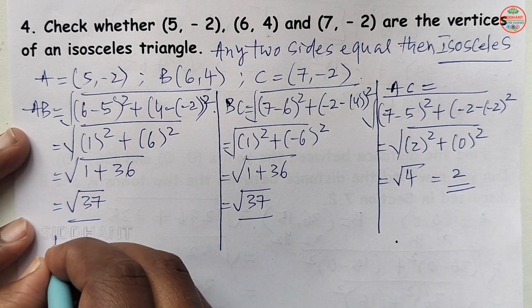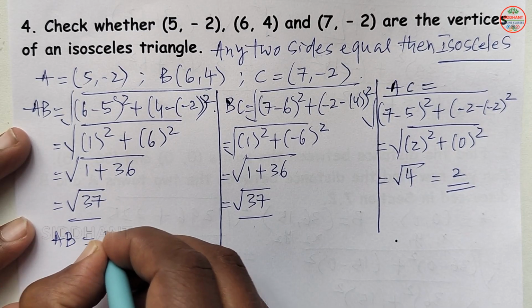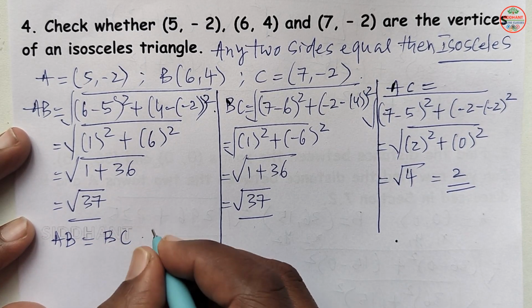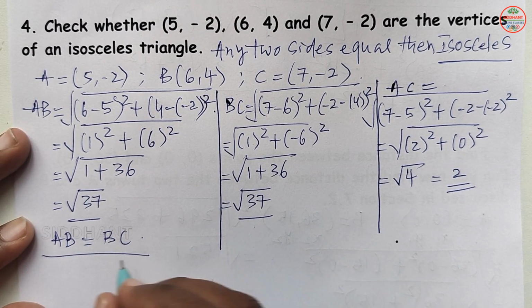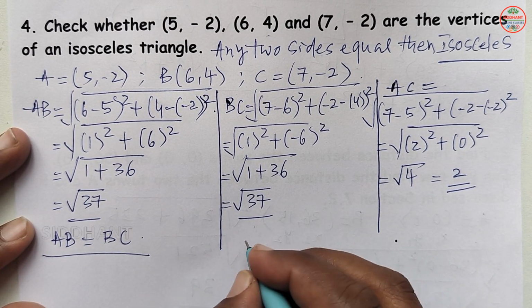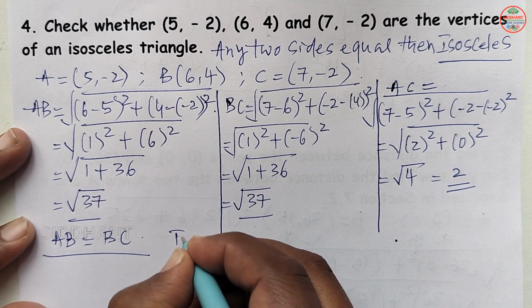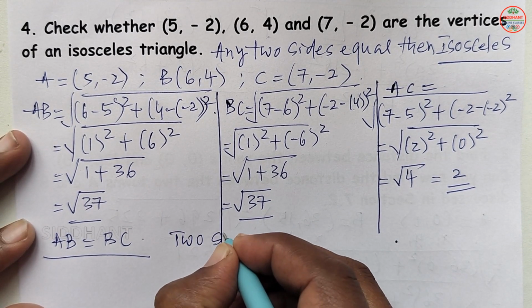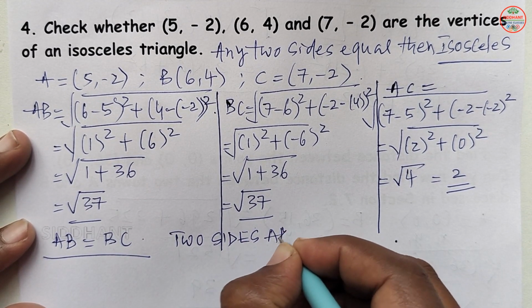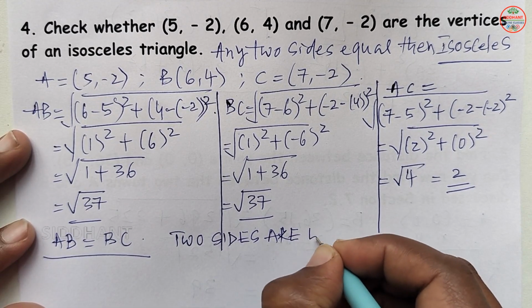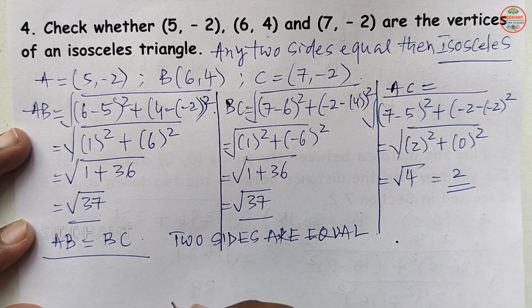So here AB equal to BC here. So two sides are equal. So we can say that it is an isosceles triangle. So two sides are equal.